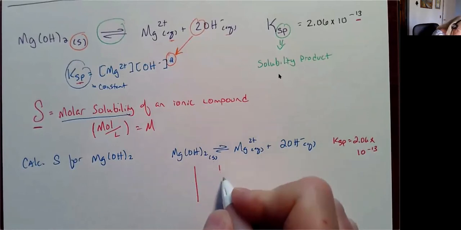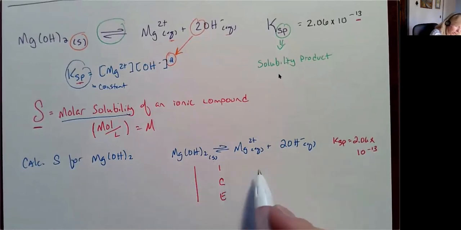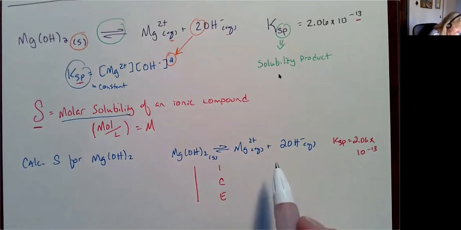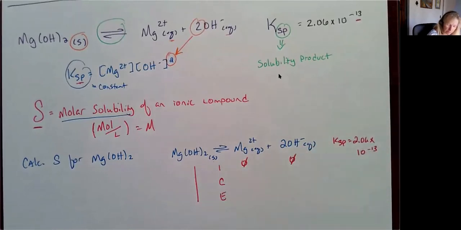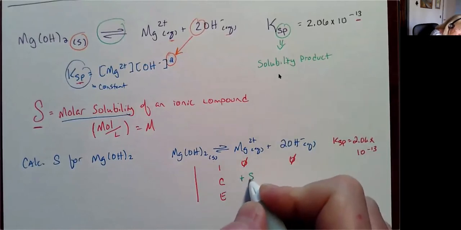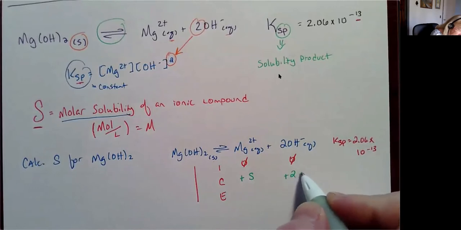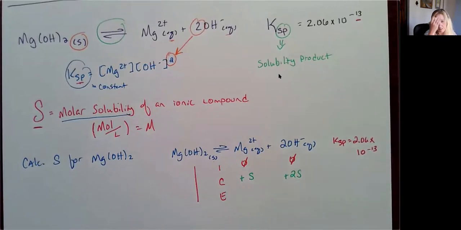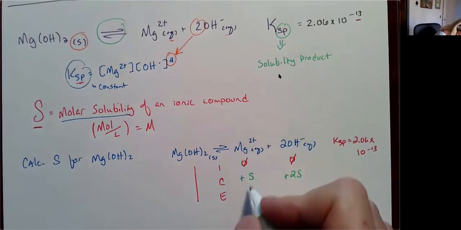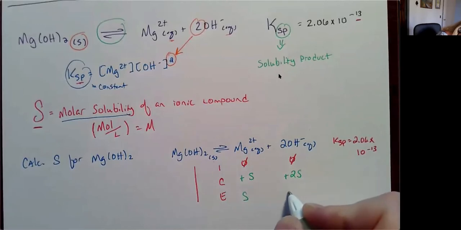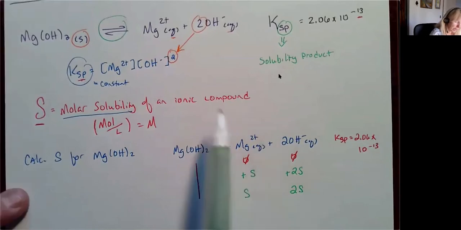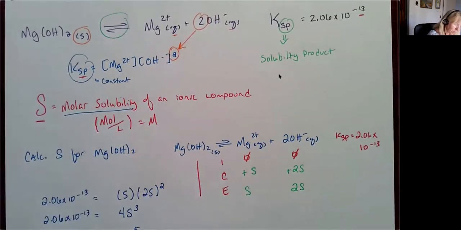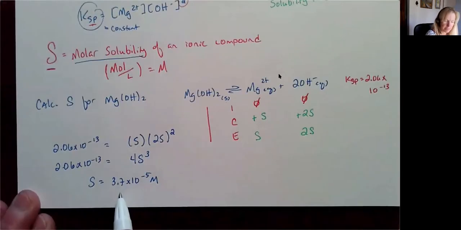So my ICE table is going to start with my products, with these dissociated ions. I'm going to assume that I start with 0 amounts of those. And then I'm going to have some change. This is going to go up by S. This is going to go up by 2S. So I'm just substituting S in here instead of X. So then this becomes S and this becomes 2S here. Now I'm going to plug this into my KSP. So this is my molar solubility for magnesium hydroxide.